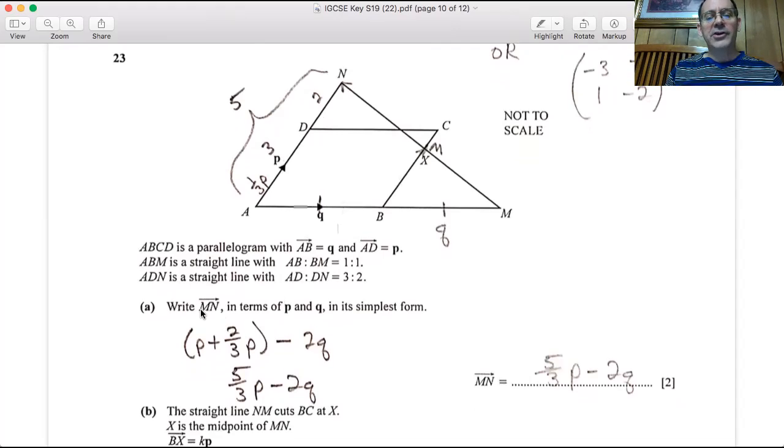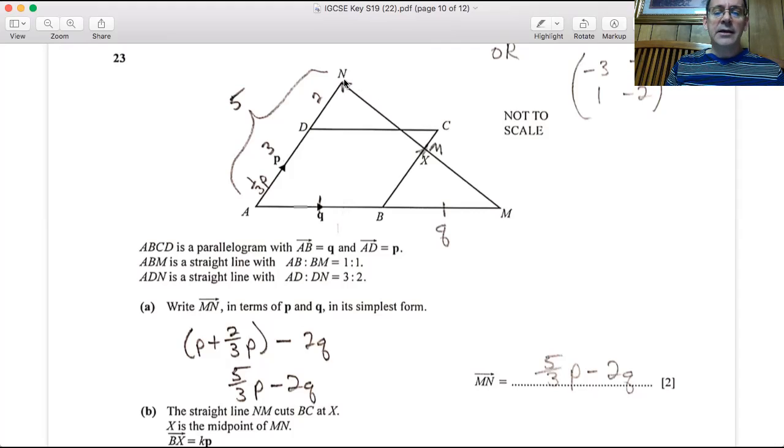Write vector MN. So here's M. This M is because it calls it a midpoint down here. So I should have put MID right here. Don't want to confuse you with two M's. This is point M, and this is saying that X is the midpoint of MN. Okay, so from M to N, notice the vector is drawn in direction toward N. From M to N, remember you do end minus start.